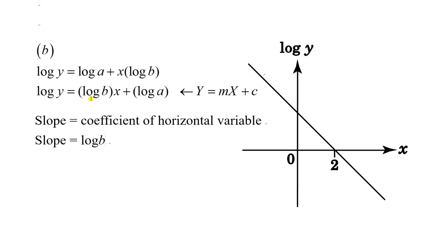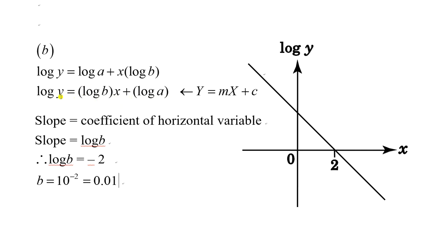Now go back to the question. From the question, the slope is -2, so log b equals -2. And hence you can find b. b will equal 10 to the power -2, and that is 0.01. That's the way we can find b by using the slope.